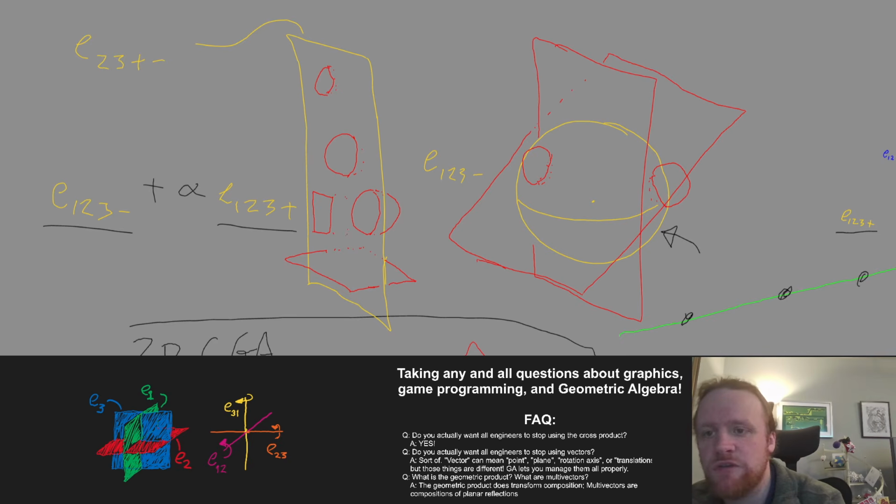Supposing I took E23 plus, which is that plane, and I add on some E123 plus. Here's your plane. It's currently at the origin. It's dual to the plane E1, by the way, so it's in the same place as the plane E1, but it's a plane that's actually a quad vector and it does very different kinds of transformations. E1 does Euclidean reflection. This does conformal hyperbolic stuff.